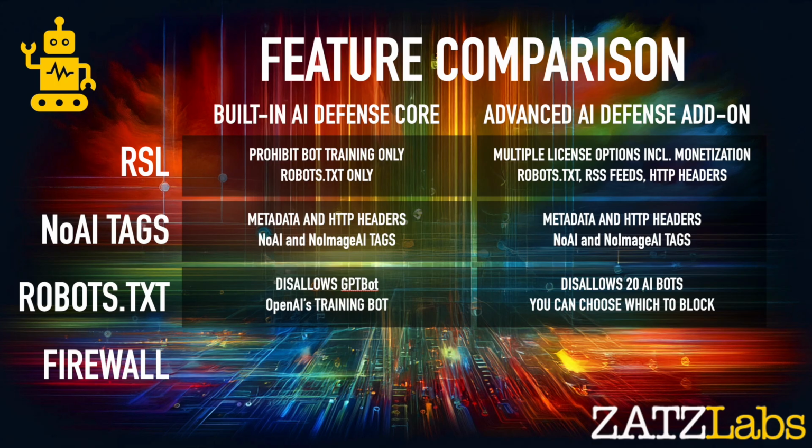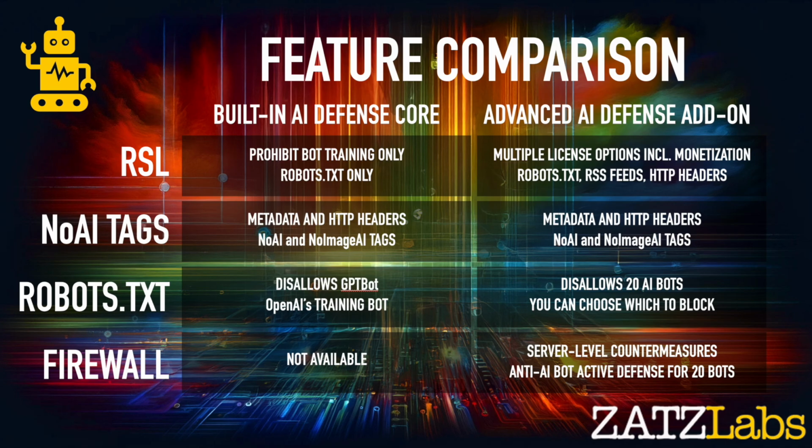And then the firewall is just not available in the basic core version. But in the Advanced AI Defense, it adds server-level countermeasures with anti-AI bots actively defending against 20 known AI systems and their associated bots.